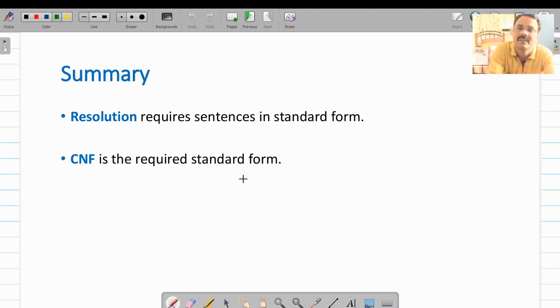So let us summarize what we have discussed today. We have discussed that resolution procedure, which is a procedure of inference that requires your statements in standard form, so that there will not be a problem when you will resolve two clauses together.